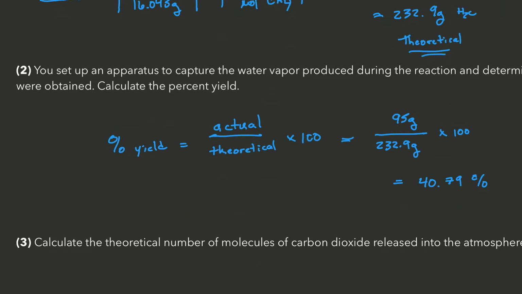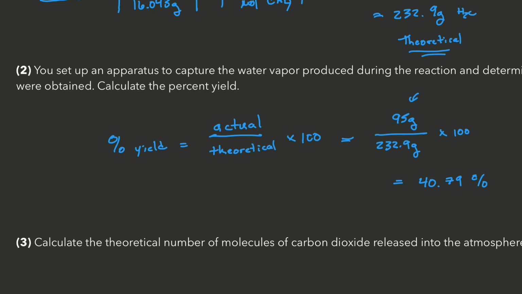Now, a few things. One, that only means that I didn't even get half of the yield that I was expecting, which is okay. That might actually happen. Sometimes your yield might be really small, and that could be due to several things. So that's totally okay. The second, you should still follow your significant figures. In this case, it's based on the division of the actual over the theoretical.